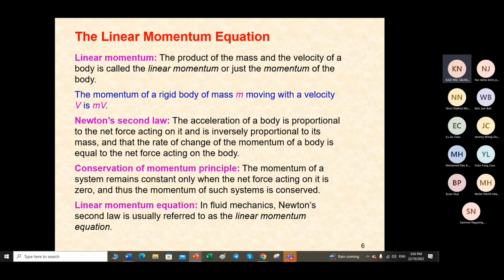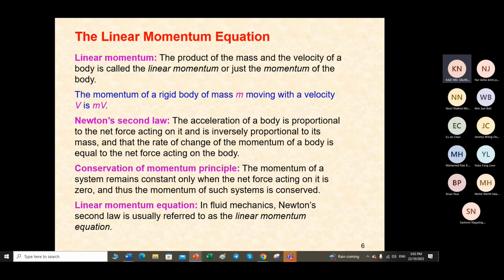And according to the second law, the rate of change of the momentum of a body is equal to the net force acting on the body. And the conservation of momentum principle considers that the momentum of a system remains constant when the net force acting on it is zero, and thus the momentum of such a system is conserved.